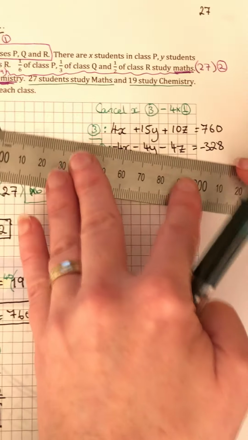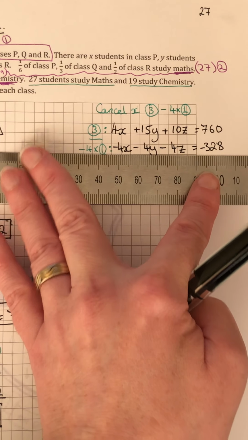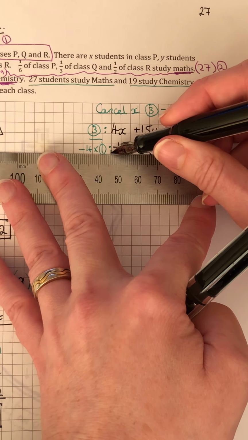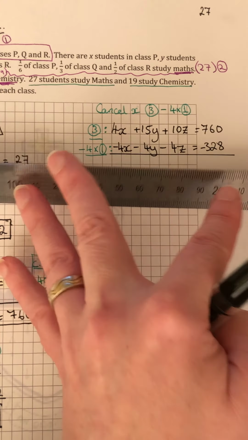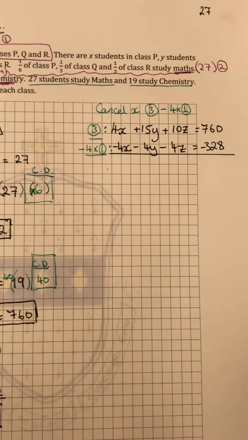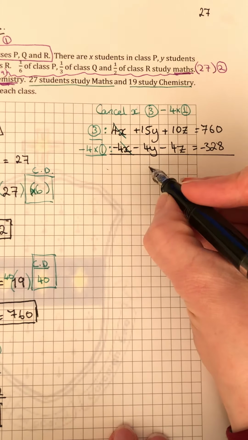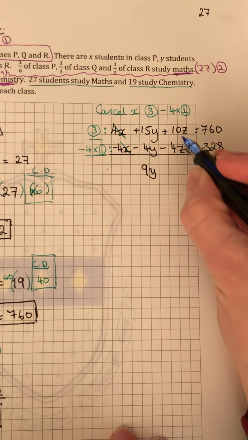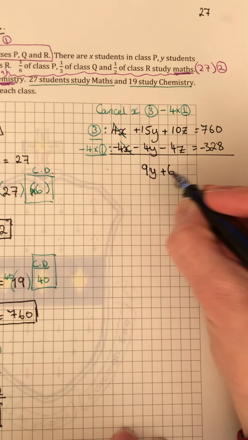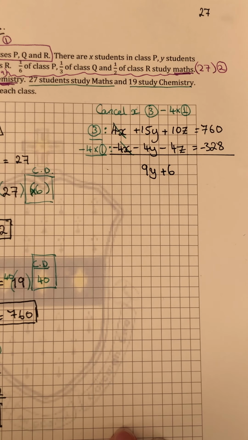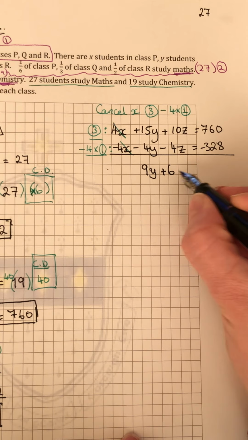And again, subtract my like terms to get equation 5. The x's cancel, which was the plan. 15 take 4 is 9. 10 take 4 is 6. And 760 take 328 is 432.